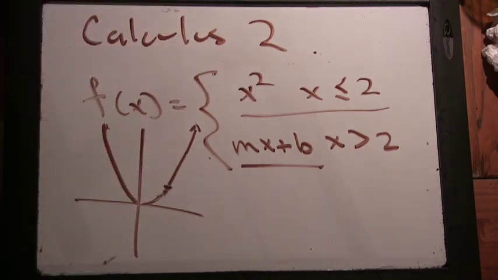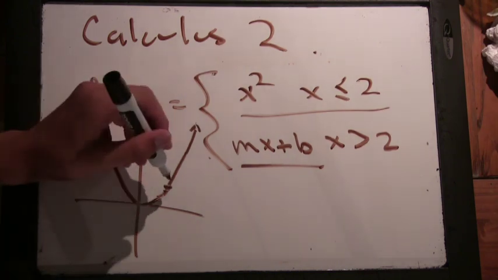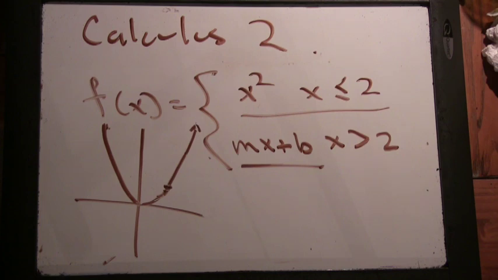Maybe that line is the tangent line at 2. So it kind of approximates the shape of the parabola. Maybe it has the same slope as the tangent line at 2, which is going to be 4.